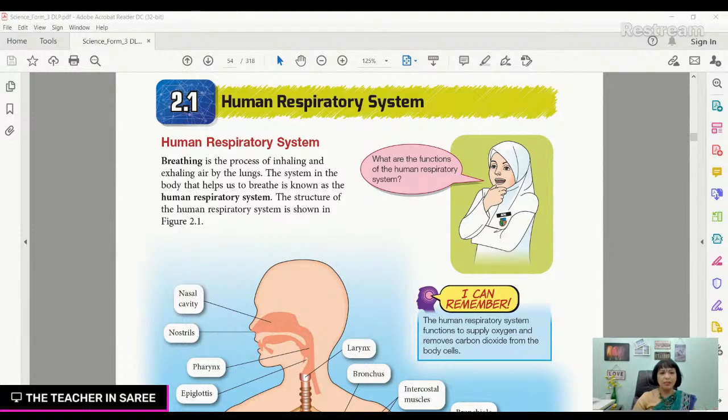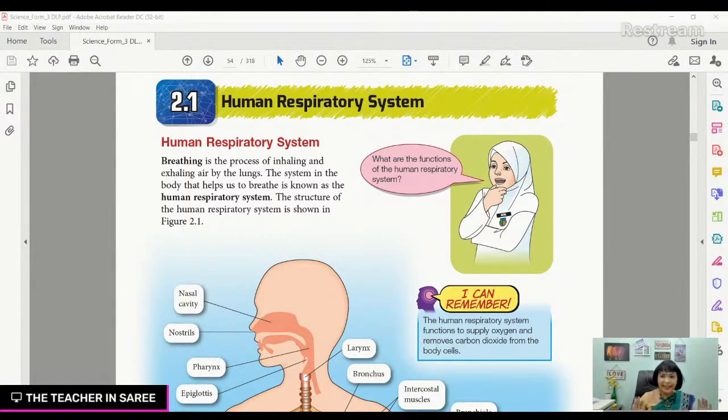All right, okay, guys, remember, the human respiratory system is very important for us to obtain the oxygen and also to get rid of the carbon dioxide, which is a waste product. Okay. So one thing that I would like to emphasize here again and again, because usually when the Form 4 students come in, those days in our school, we get students from all over Malaysia, right? Some of them are thinking that we inhale oxygen, we exhale carbon dioxide. That is actually very, very wrong.